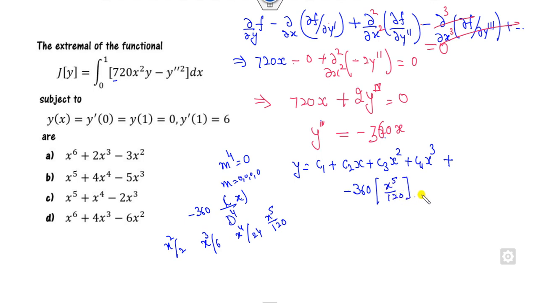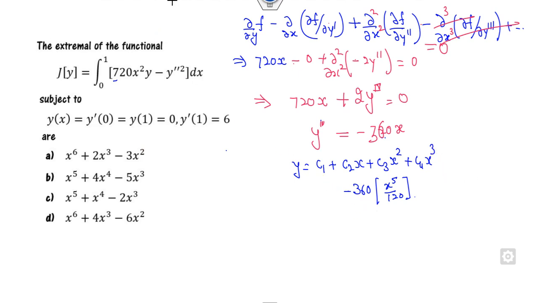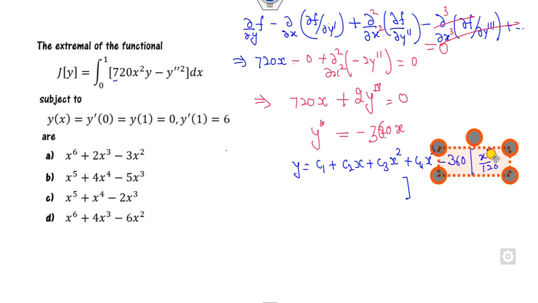Is there any doubt up to here? Now how can you solve that? I can write this equation here. So it means the maximum degree will be 5. Is it? But 360 of x.